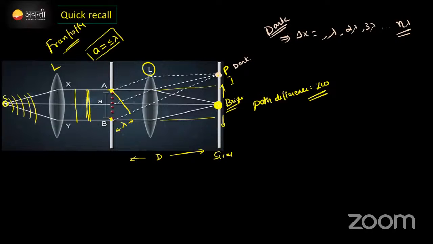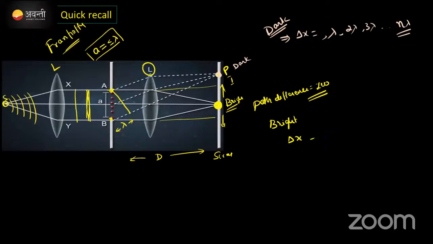Correct? But it is exactly opposite to the interference of light. In interference of light, n lambda used to make the bright fringe, but here it is not so. And to form the bright fringe, which path difference was it?